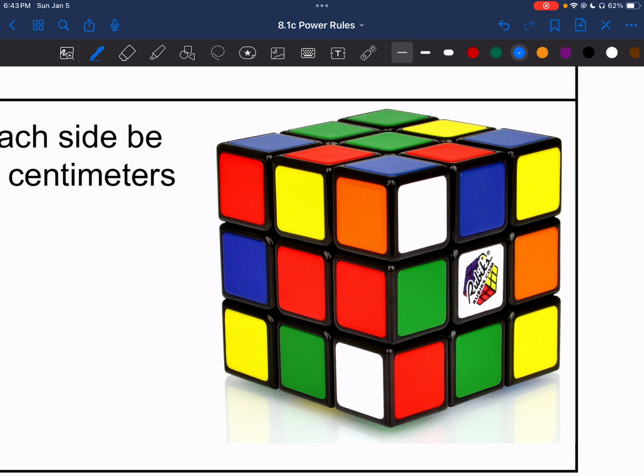If the side of each of the 9 squares is xy centimeters, so that's xy, that's xy, that's xy. What is my total side length of the side of a Rubik's Cube? Well, that's going to be 3 xy's.